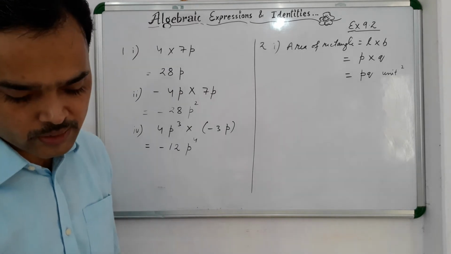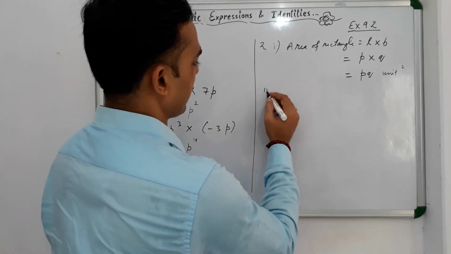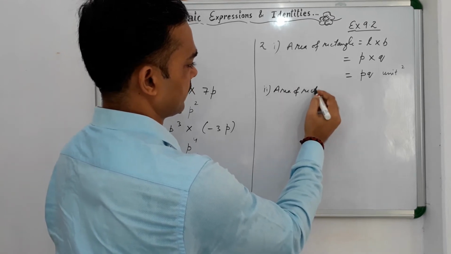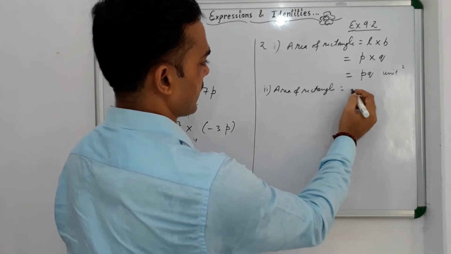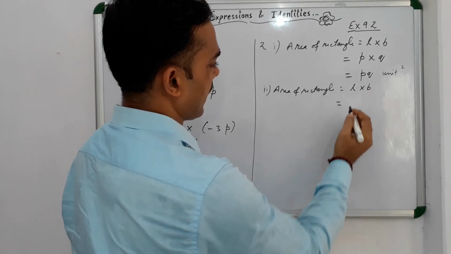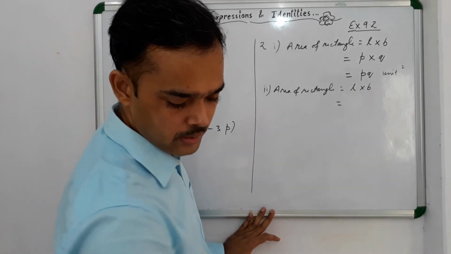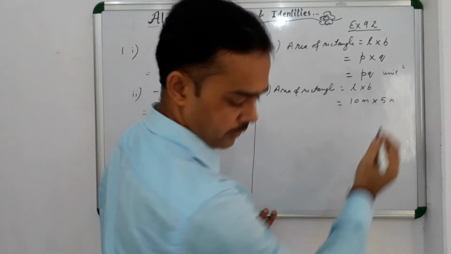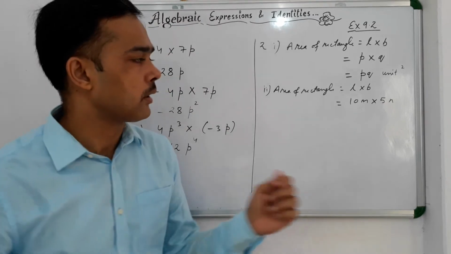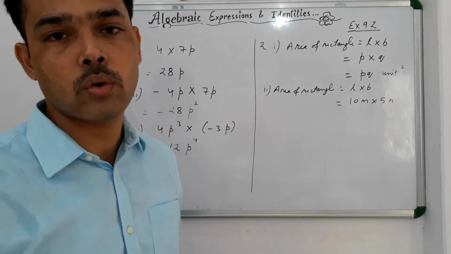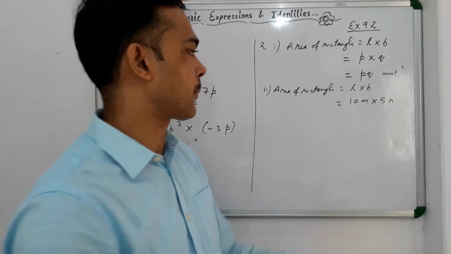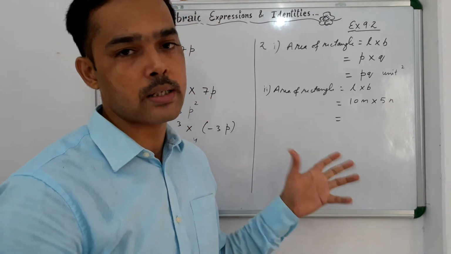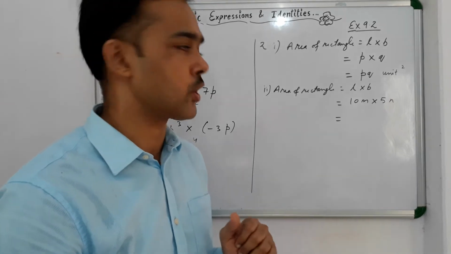Now if we see the second part, then in it area of rectangle, once again the formula is length into breadth, and the length over here is 10m and breadth is 5n.